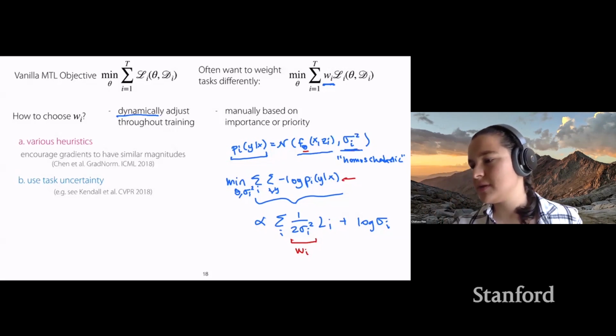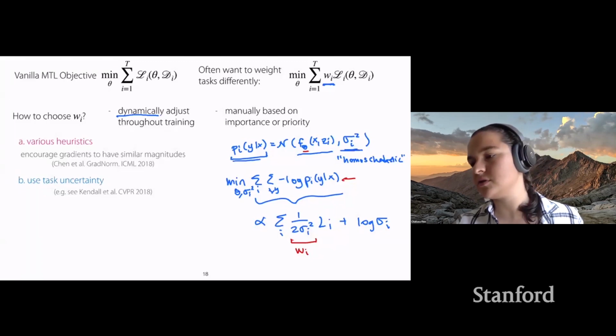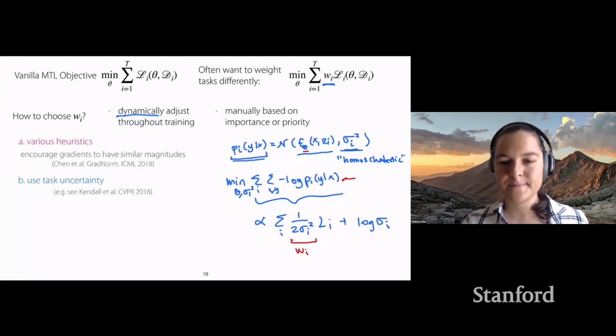This task uncertainty is given by this sigma squared variable. That's the variance, or the task uncertainty, they're basically equivalent in this case. So it's the variance over the data distribution of y given x.